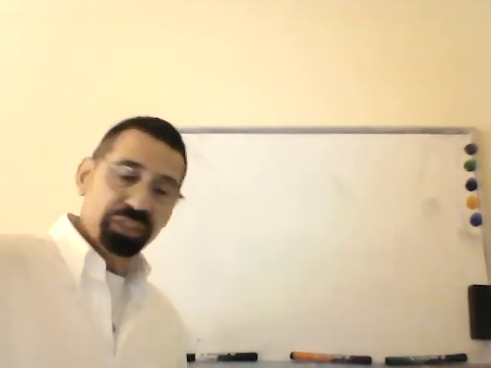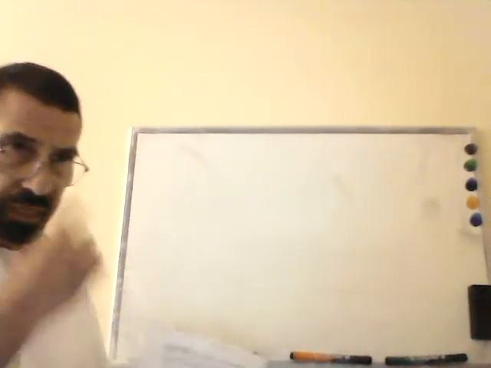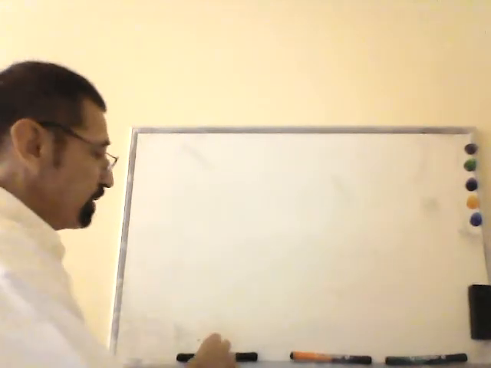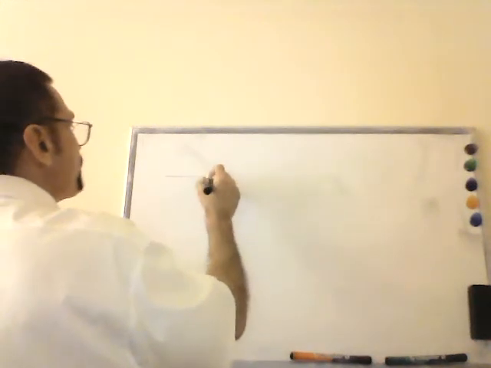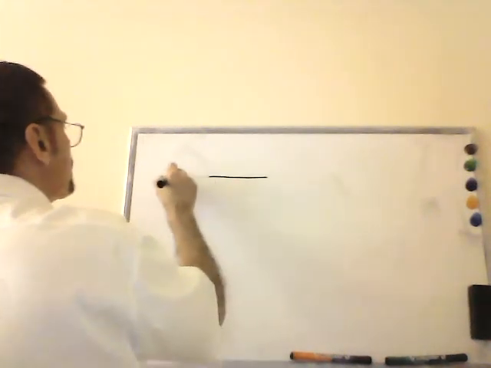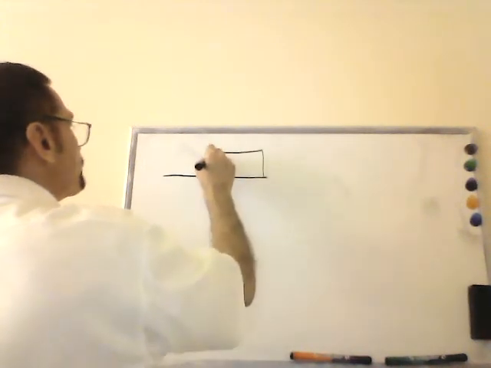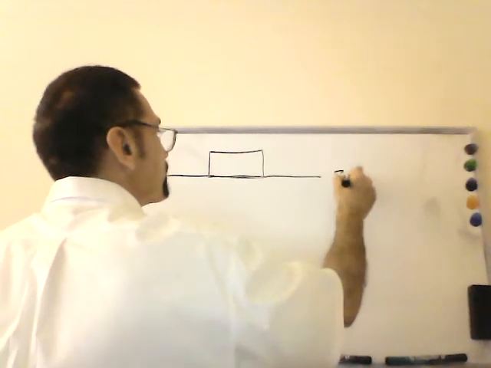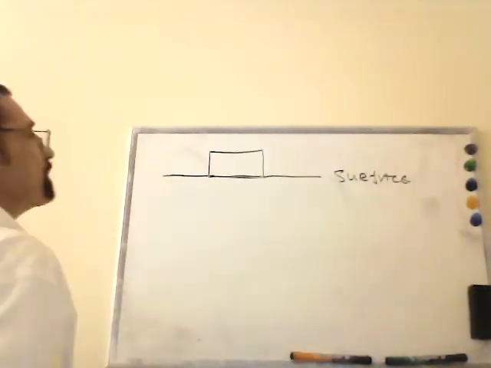Friction stems from an interlocking of atomic and molecular bonds at the interface of two surfaces, one being a rest surface, for example. Or in other words, the surface upon which, taking the simple case, a mass is resting, or up against. This would be the surface. And of course, this is the mass m.